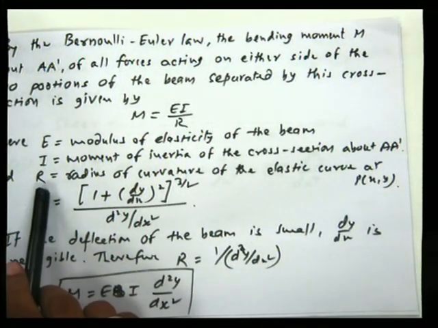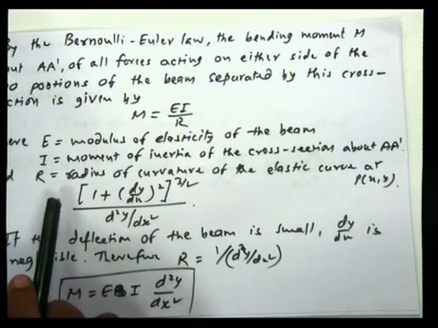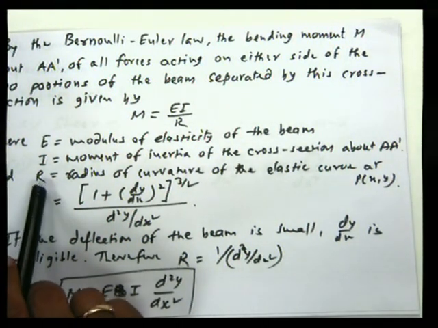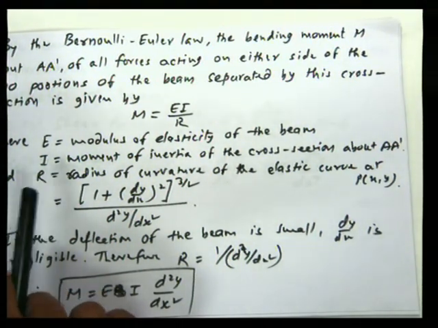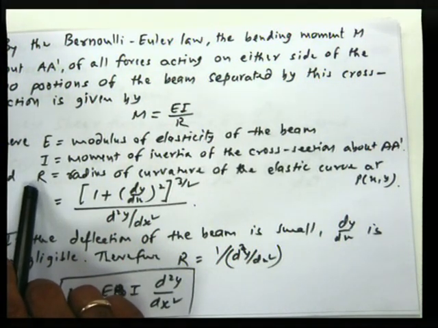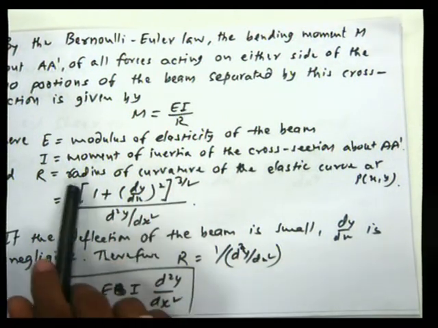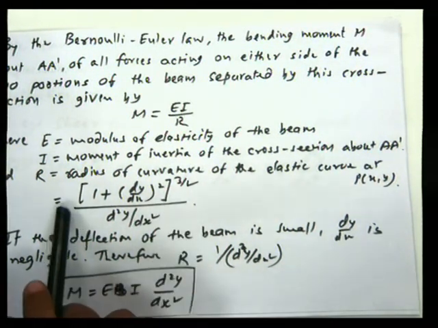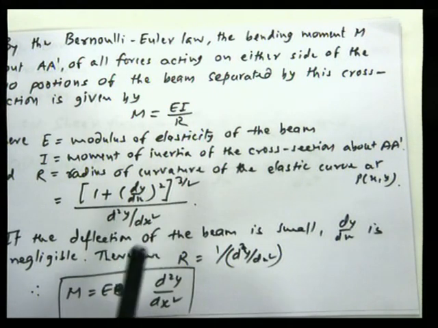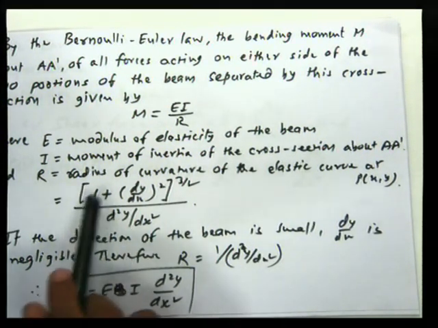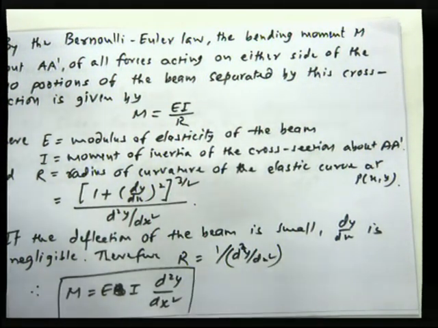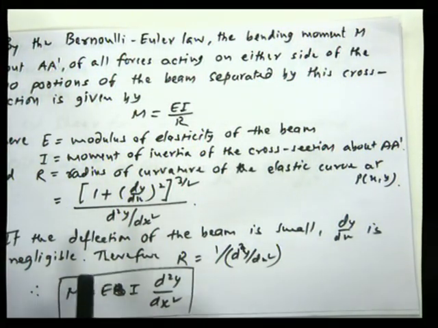Now we know that this radius of curvature we can calculate using derivatives, and the formula for radius of curvature is given by (1 plus (dy by dx) square) the whole raised to 3 by 2 upon d2y by dx square. This formula we get for the curve, the bent curve in the centre.